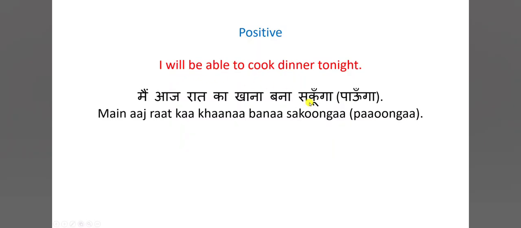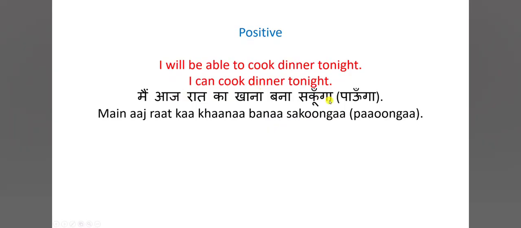Now, instead of sakunga, we can use paunga too. मैं आज रात का खाना बना पाऊंगा. This is also fine. Paunga represents will be able to. Now, this can also be the translation of I can cook dinner tonight.